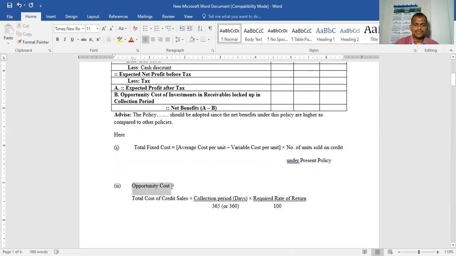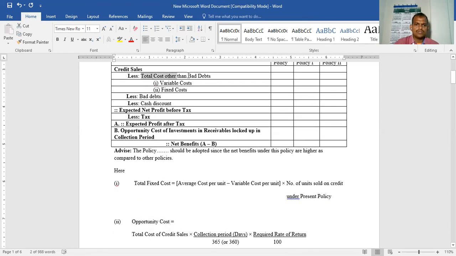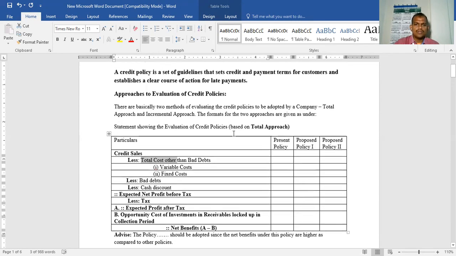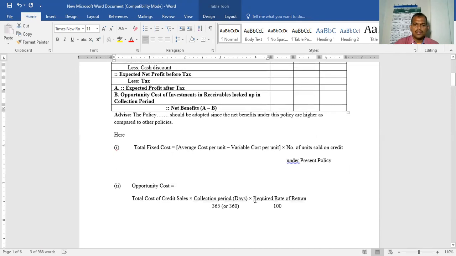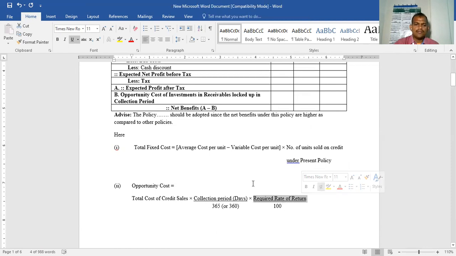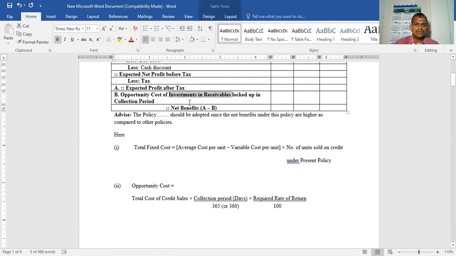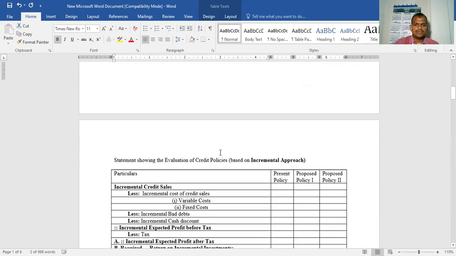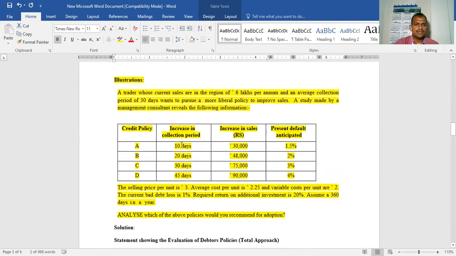Next one, opportunity cost: total cost of sales into collection period, and required rate of return, so that we will get the opportunity cost. Okay, let us go with the calculations.